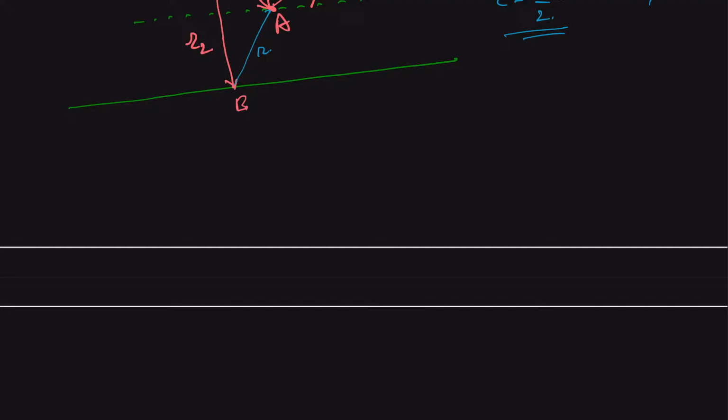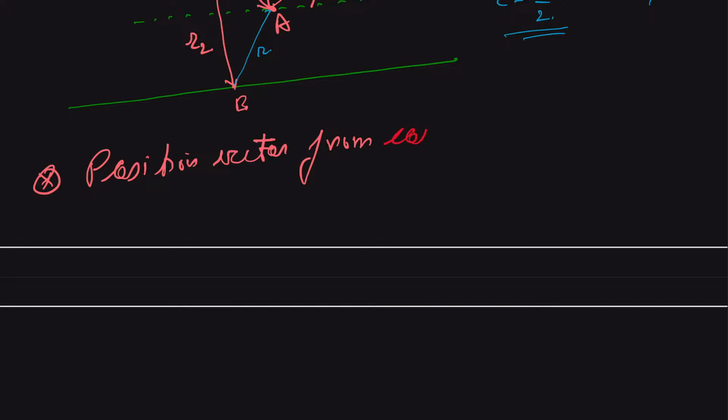So first we are going to find out the position vector from our contact point, that is our B, and in this case we have assumed it as our R.